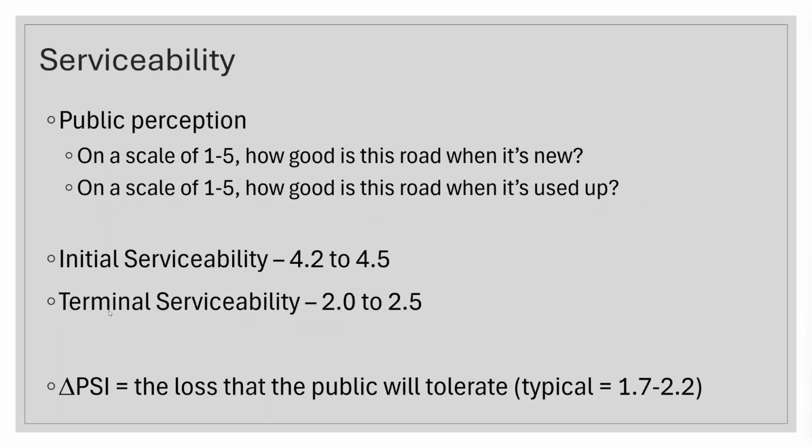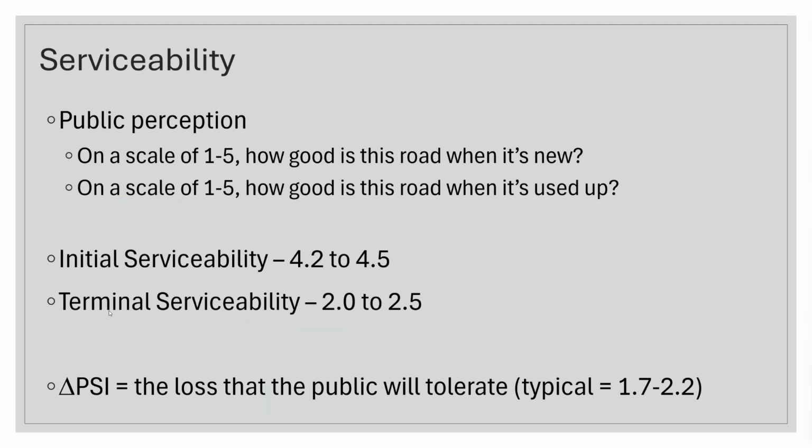Somewhere between 2 and 2.5, folks will probably give up on it. That's how they would score it when they think it needs to be fixed. So this is public perception. There's not a whole lot of science to what actually makes that number. But by and large, these are the kind of numbers that people will give you. So when a road is used up, it would score somewhere around a 2, 2.5.